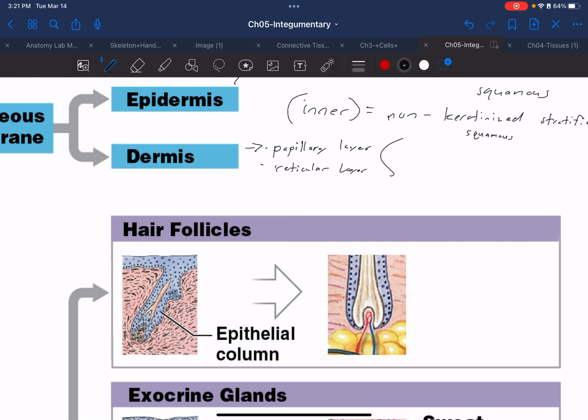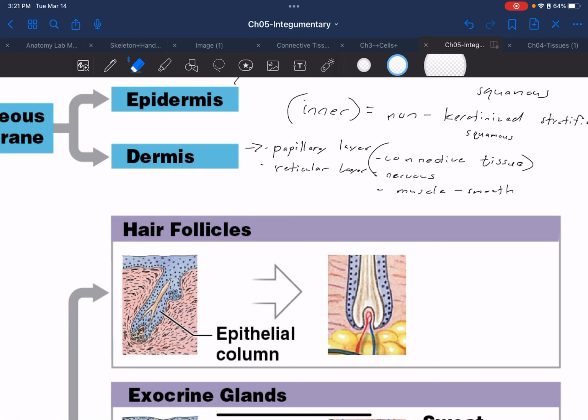And this is going to be the area where we have connective tissue, nervous tissue, and even muscle, specifically smooth. So you can see how everything you know about connective tissue is going to be seen today, put together like a puzzle.